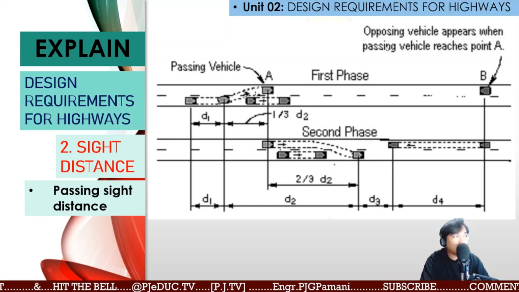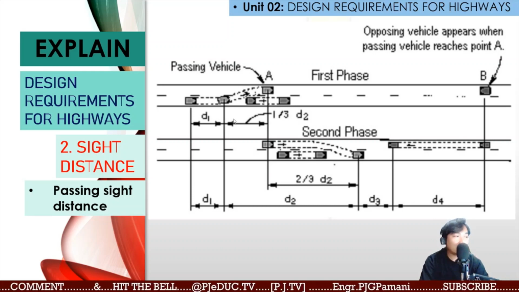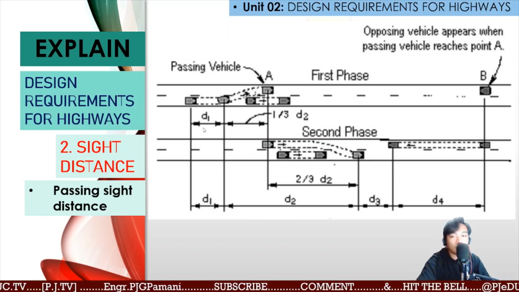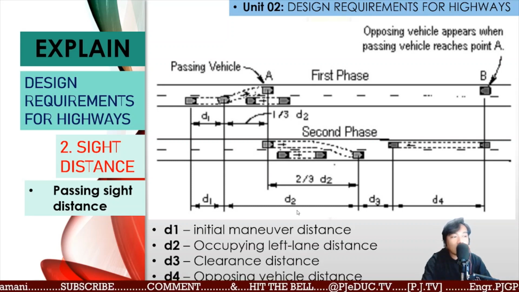Opposing vehicle appears when passing vehicle appears at point A. Dapat magsalubong sila at that specific distance up until vehicle A overtakes the other vehicle. No? So, kailangan natin si distance 1, 2, 3, 4, and 2/3 of distance 2. So, this is how do we identify them.